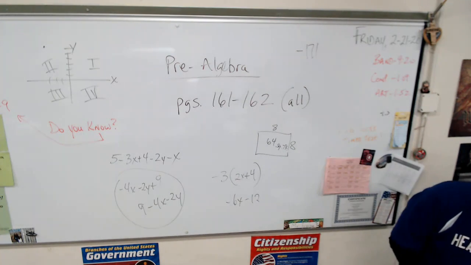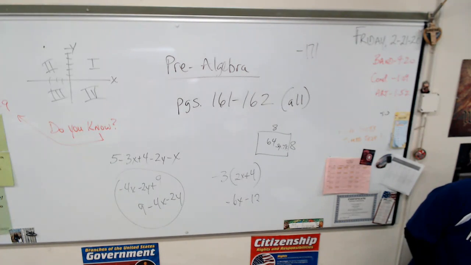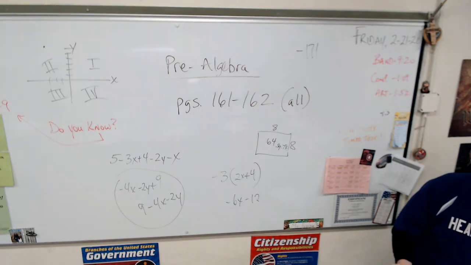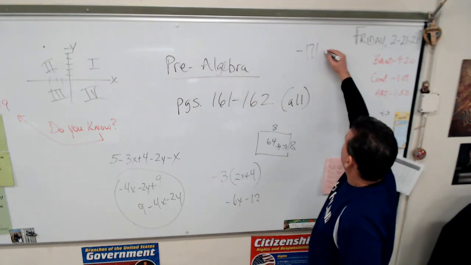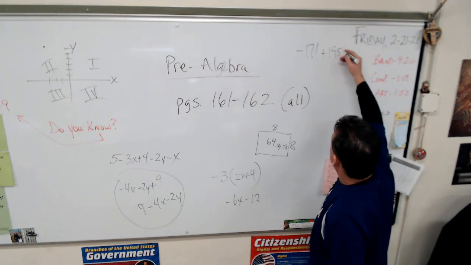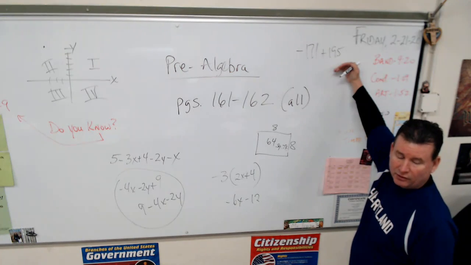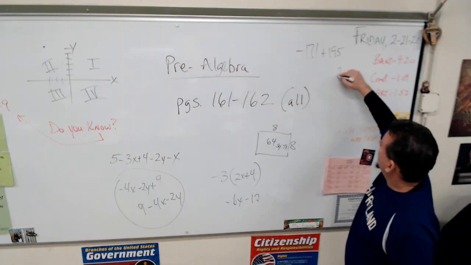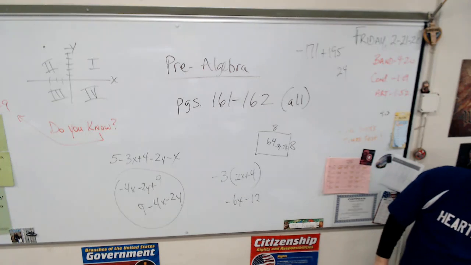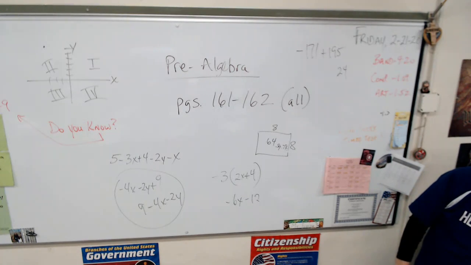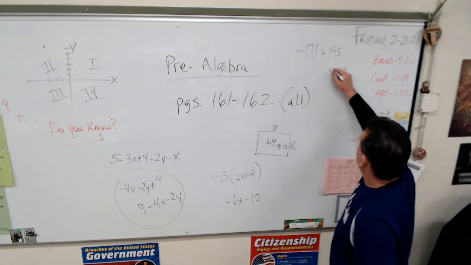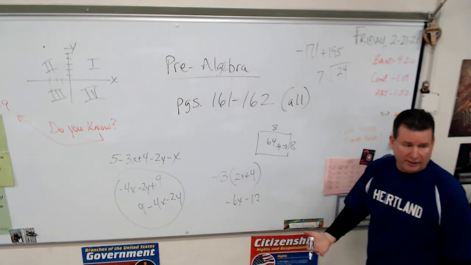And then I add all the positive elevations. 195. And the other one's a 0, right? So if I add those together, what do I get? 24. And how many elevations was I adding up there? 7. That's how you get 3.4.